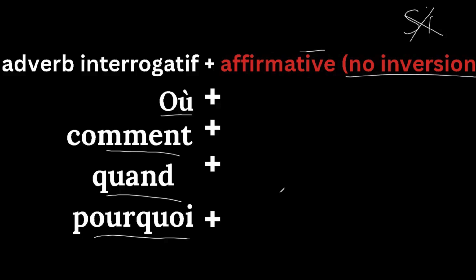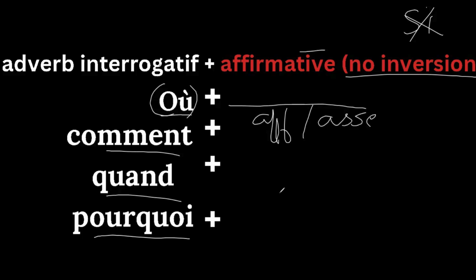So for adverb interrogative questions, we will remove the inversion to change them into indirect speech. So we'll keep two things in mind: the adverb interrogative remains the same, no change in it. Second, we will remove the inversion and keep the sentence in the affirmative or assertive form. If it is negative, we'll keep it in negative, but definitely not in the interrogative form or the inversion form.